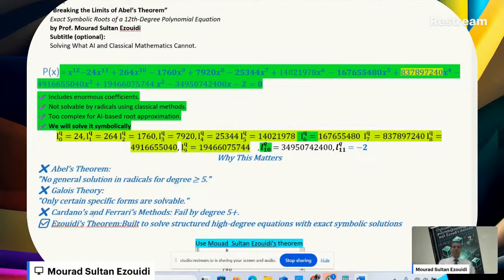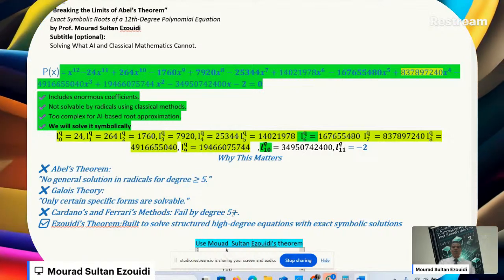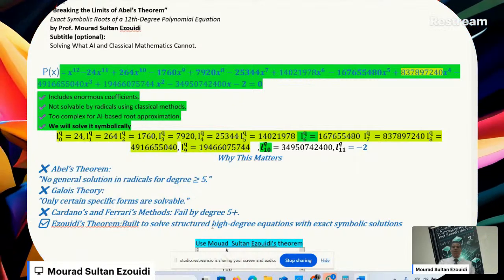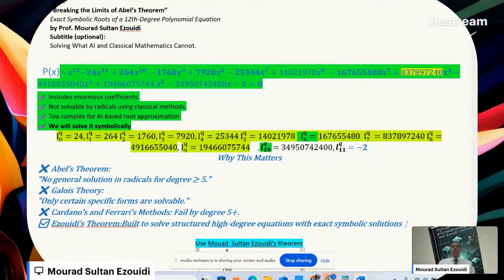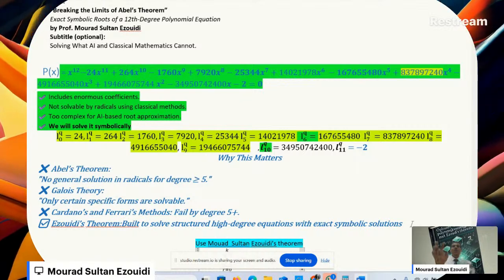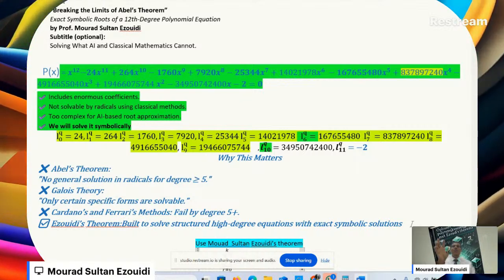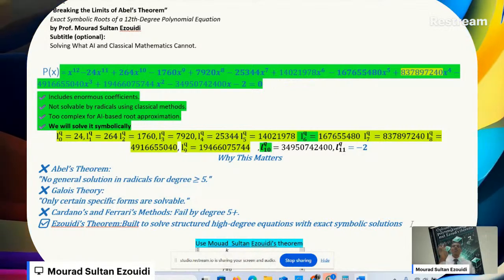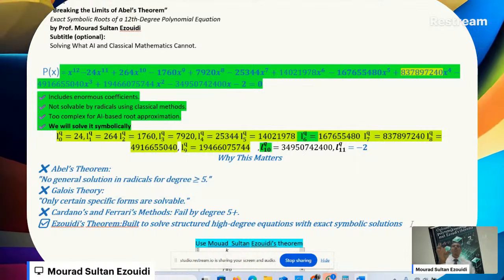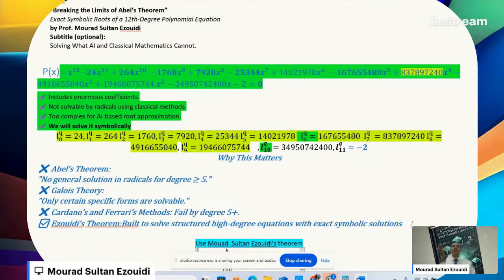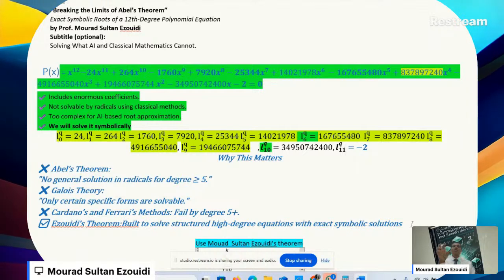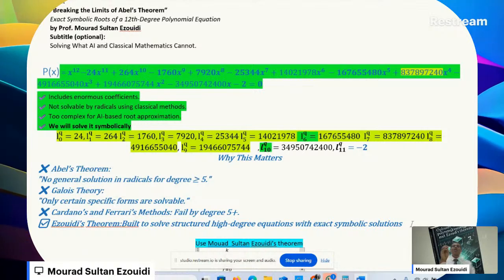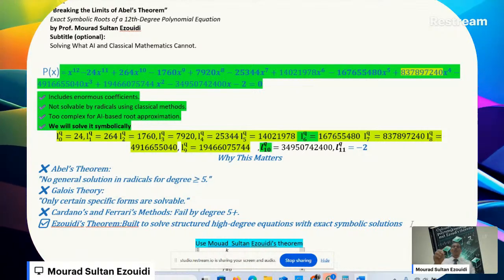Cardano's and Ferrari's methods fail at degree 5. The Ezouidi theorem is built to solve structured high-degree equations with exact symbolic solutions. It means it will give you exact roots. It will never give you guessed roots or approximated decimal numbers for the roots. Here I'm going to give you exactness.